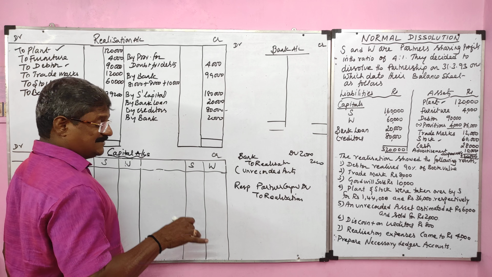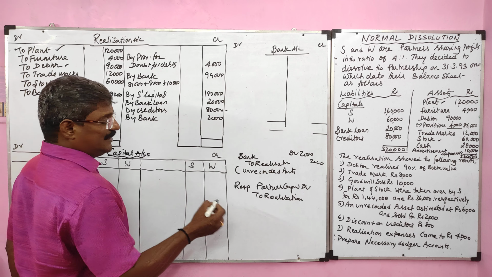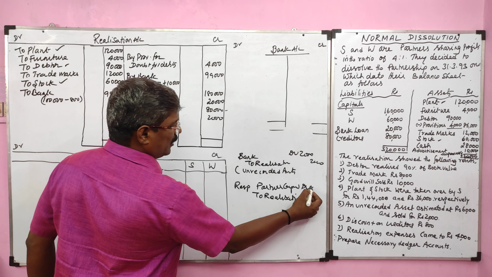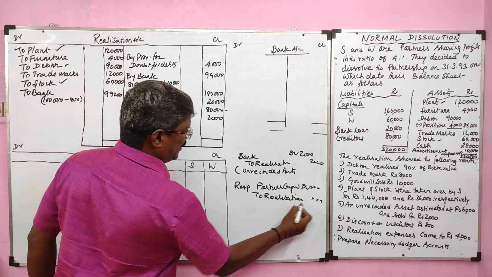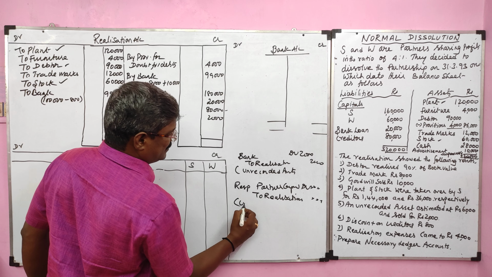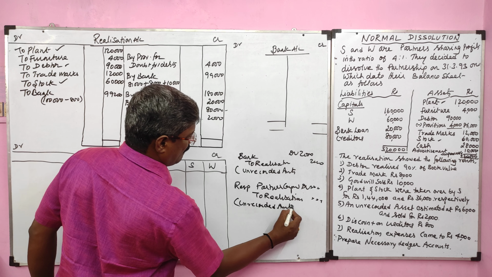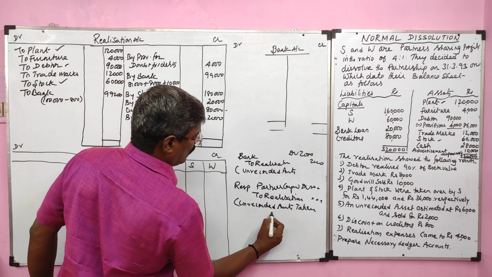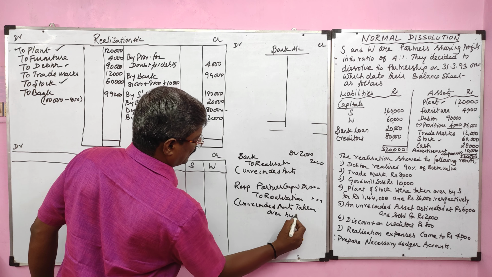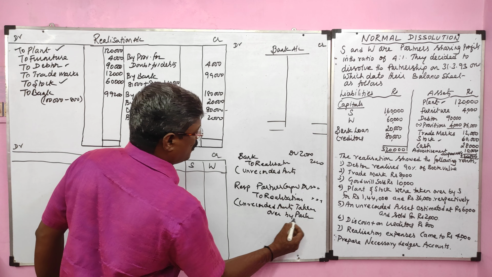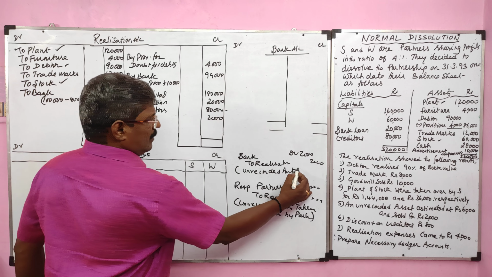If unrecorded asset is taken over by the partner, the entry is respective partner capital account debit to realization.